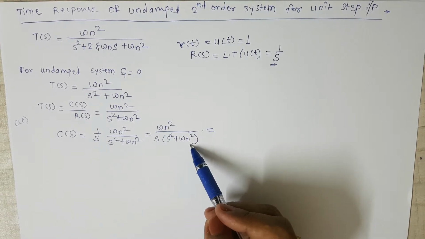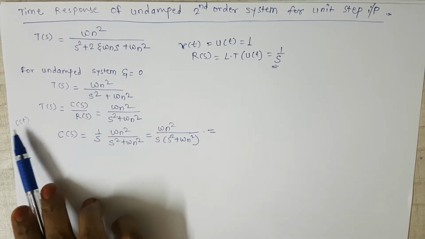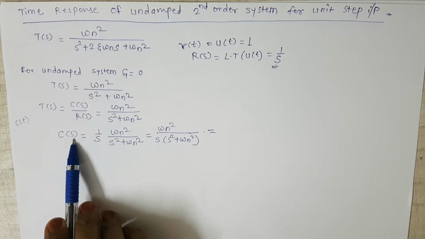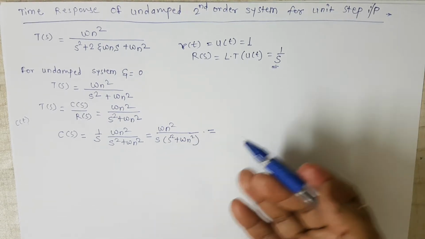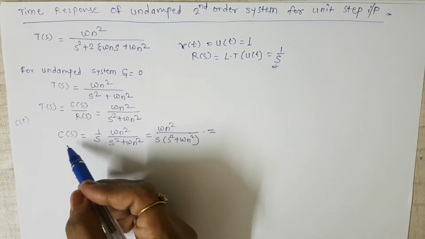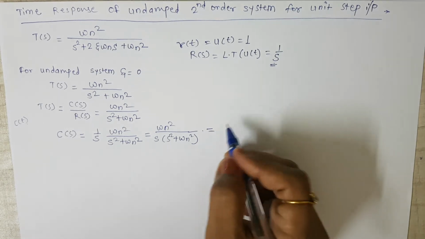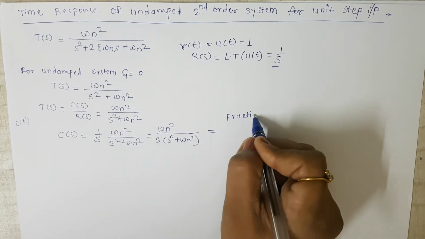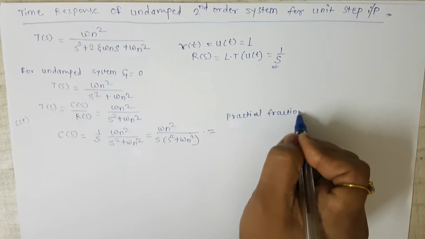Now, to get the C of T we need to take the inverse Laplace of C of S, but this expression is not in a form where we can directly take the inverse Laplace. So what I will do is the partial fraction of this.